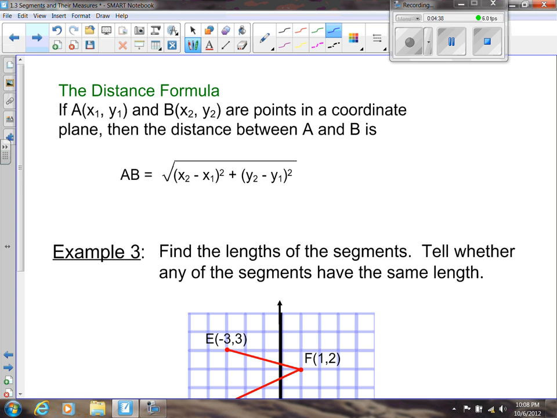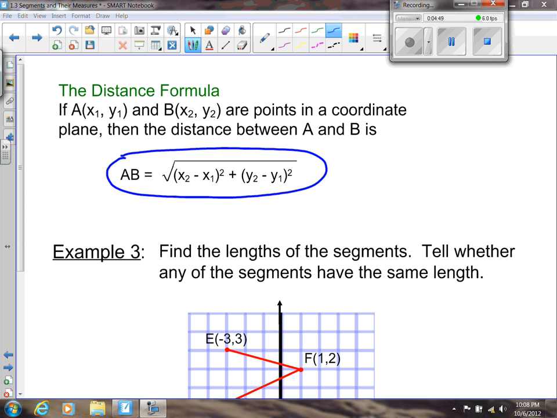The more important thing in this chapter section is using this distance formula. This is a very important formula. You're going to use it throughout all the chapters basically. It's something that you might want to take and write down in the front cover of your notebook.